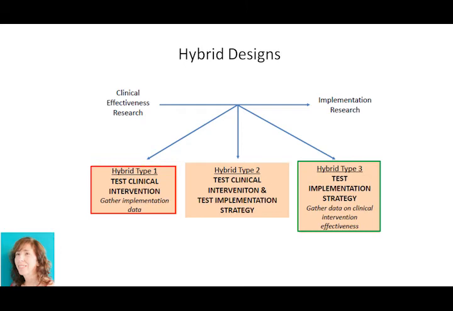That is, comparing different implementation strategies while measuring clinical outcomes at the same time and trying to understand those outcomes as a function of the adoption rate and fidelity, which are, as we will see, key implementation indicators or outcomes. In type 3 hybrid, then the primary outcomes are implementation outcomes, and clinical effectiveness is a secondary aim.